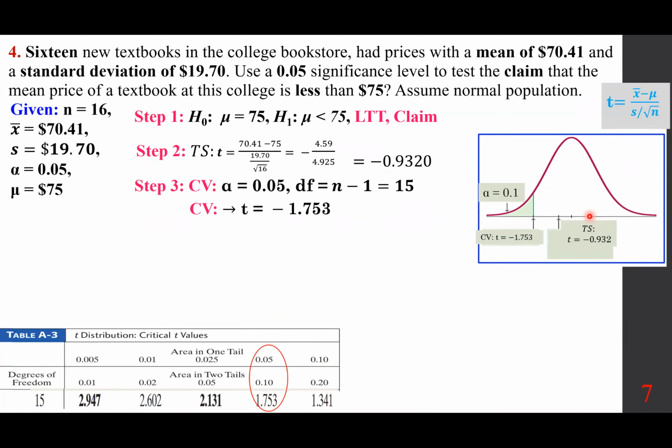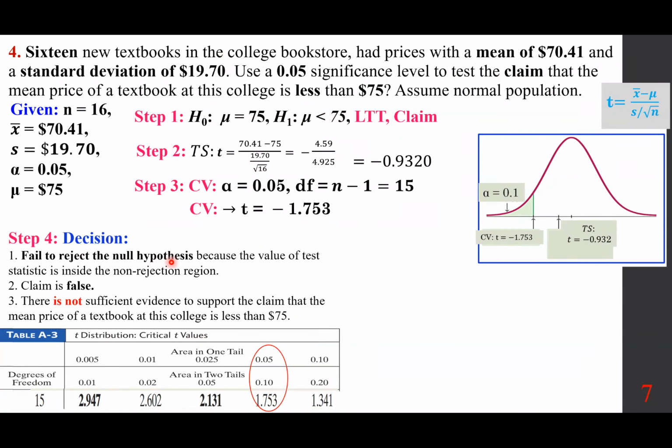So if we are not rejecting the null, that means we are rejecting the alternative. So the claim becomes false. Then there is not sufficient evidence to support this claim that the mean price of a textbook is less than $75.